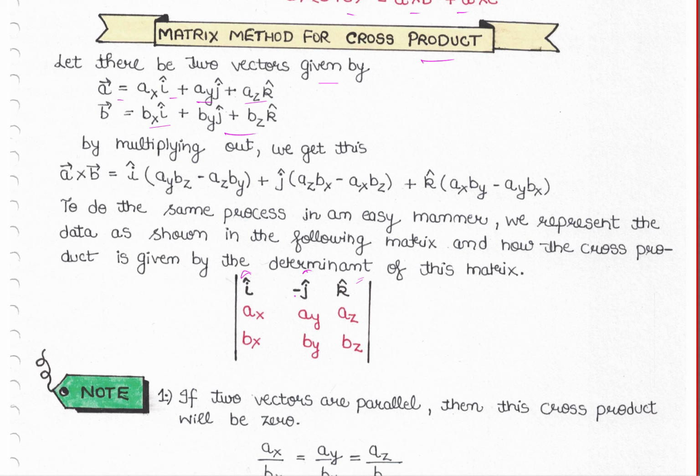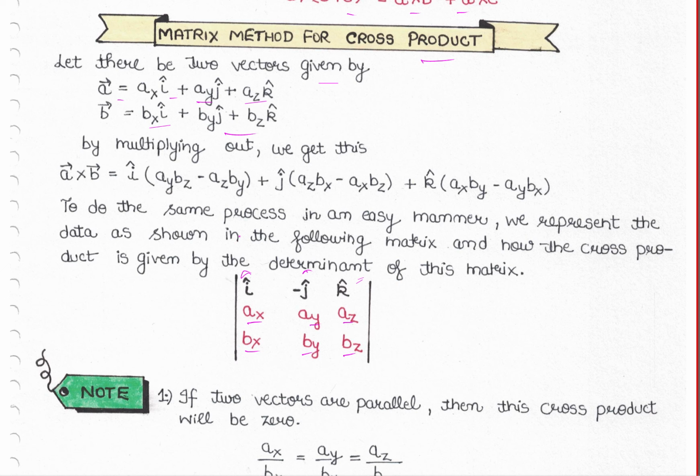We take a minus here, or you can also use a standard matrix form, and here we put the components of A along i cap ax, along j cap ay, along k cap az, and components of B bx along i cap, by along j cap, and bz along k cap.